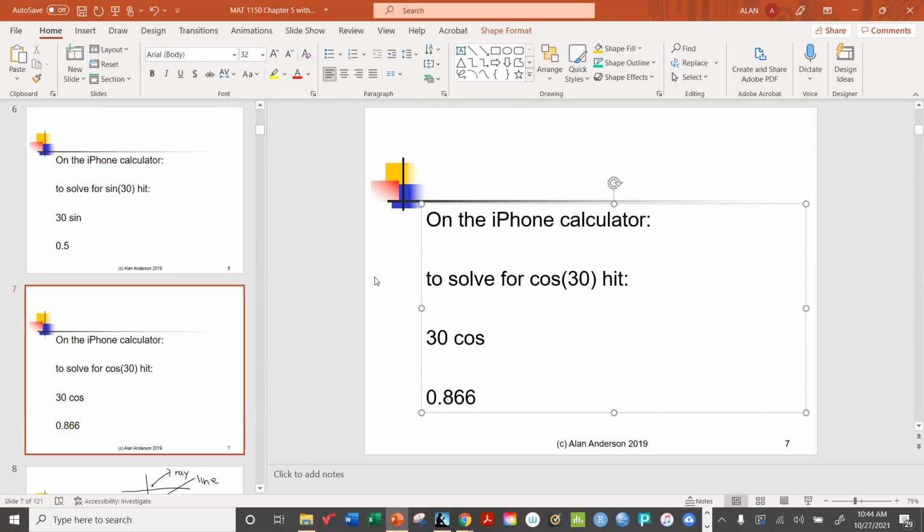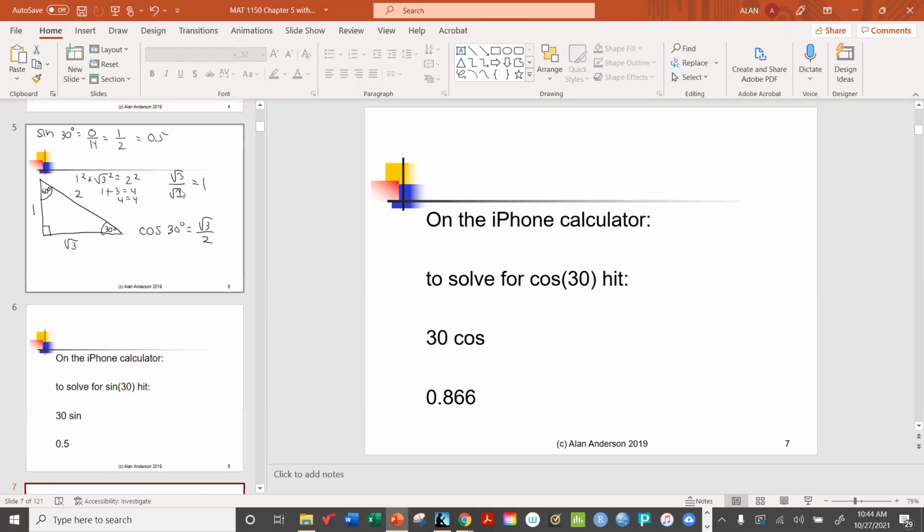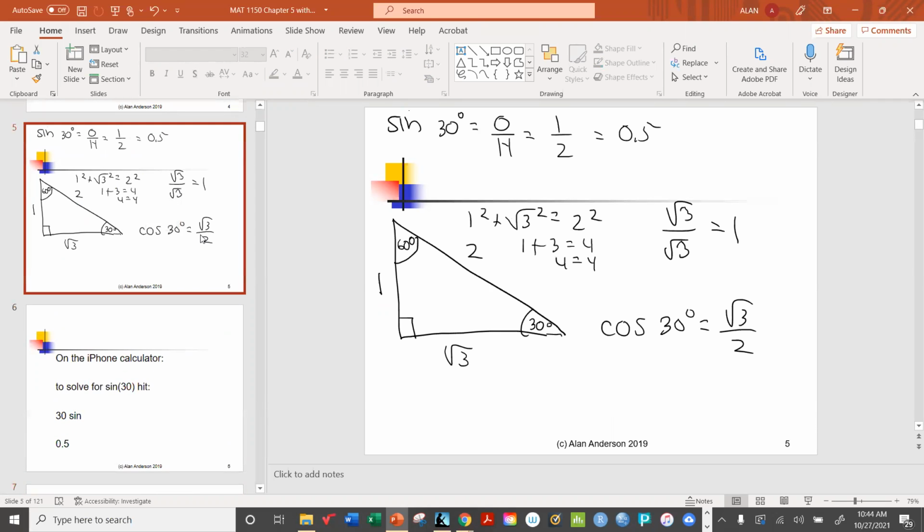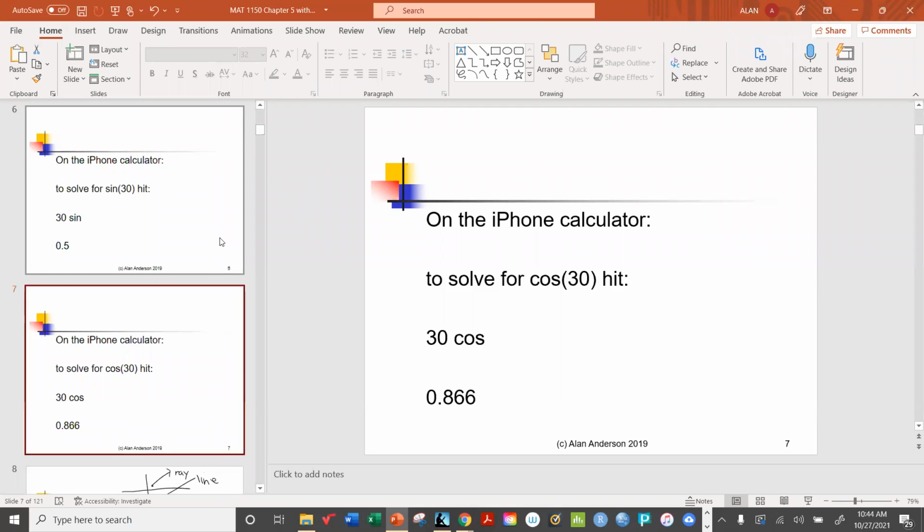So I don't know if there's anything we can do about that. I mean, the calculator isn't that sophisticated. For something like that, you need a much more high-powered scientific calculator. But it's there if you need it, just in case you want to double check your results. So what you could do is say, well, is radical 3 over 2 equal to 0.866?